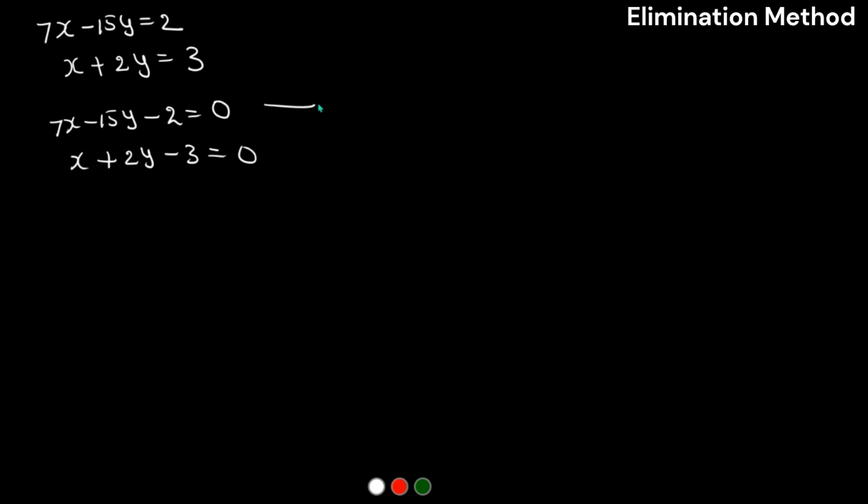Let's take this as equation 1 and this as equation 2. By adding, subtracting or multiplying, doing anything with these two equations, we need to eliminate one of the variables so that we can find the other variable. If an equation has two variables, we cannot find them until we have another equation.